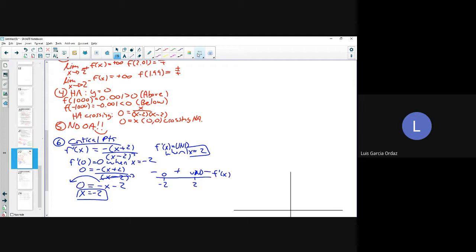Thank you, Priyanshu. Not a min at 0. -2. There we go. So we need to take f at -2, and that gives me -1 over 8, which means my min is at -2 and -1 over 8.